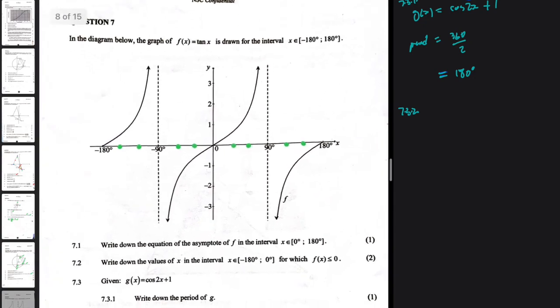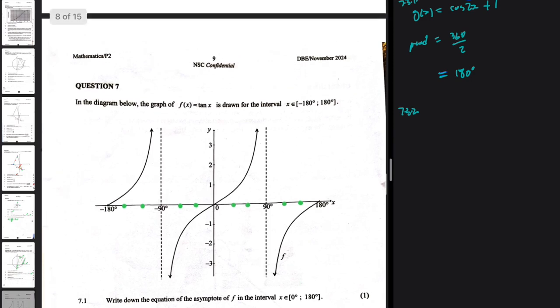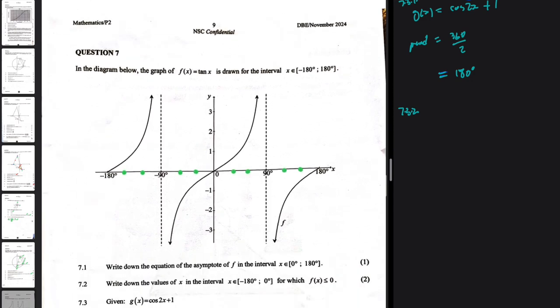What's the interval again? Minus 180 to 180. So I need all those points. I need to substitute those points into my calculator and find the corresponding y values.